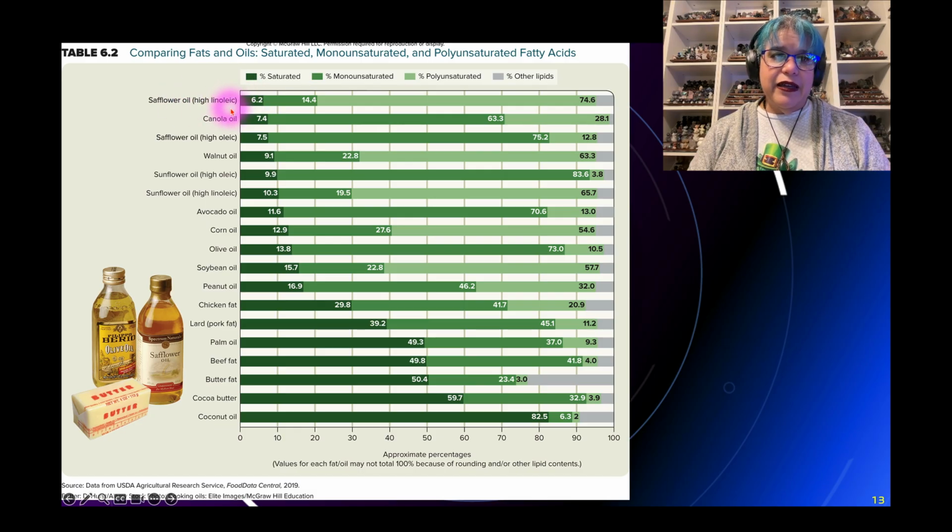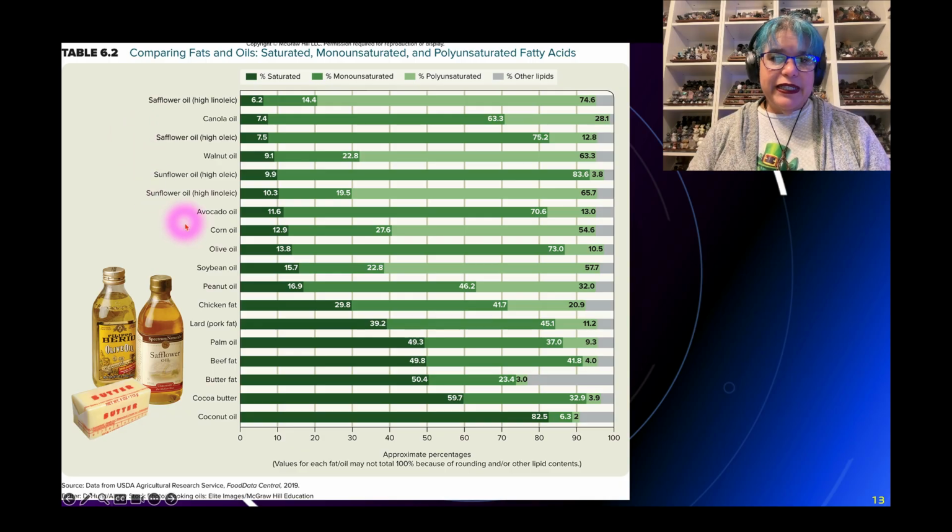But this is when we have high linoleic in it. Safflower oil that has high oleic actually has a majority, if you look at it, 75.2% of monounsaturated, 12.8 of poly, and only 7.5 of are saturated. That right there would probably be the oil that you'd want to use.